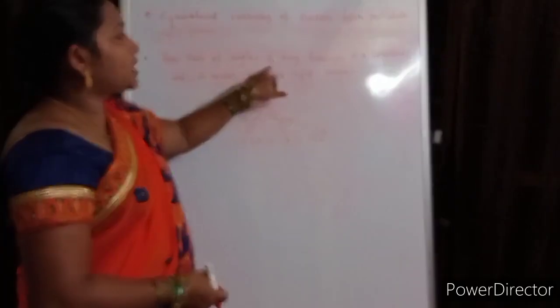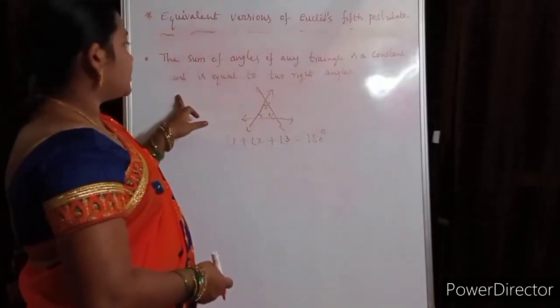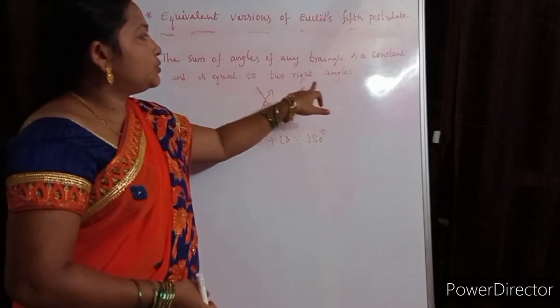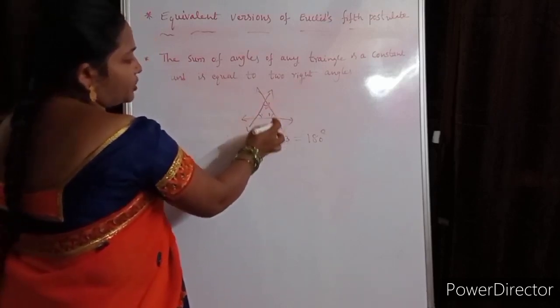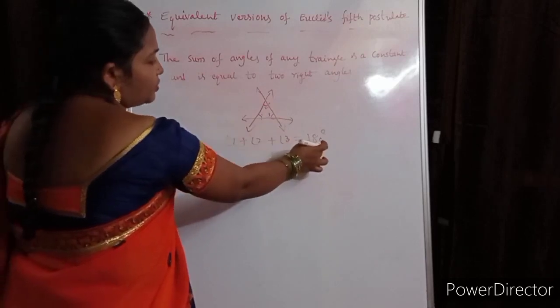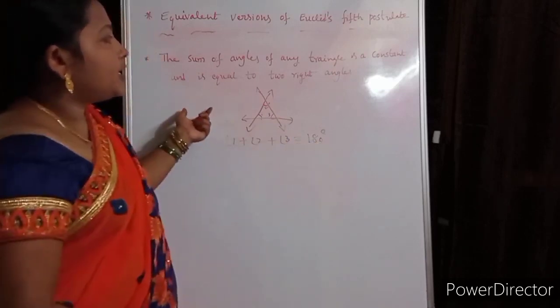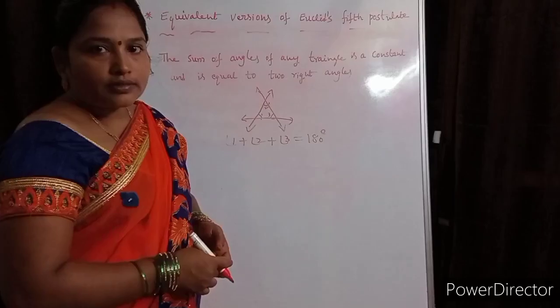The sum of angles of any triangle is a constant and is equal to two right angles. Angle 1 plus angle 2 plus angle 3 is equal to 180. This is Legendre's postulate.